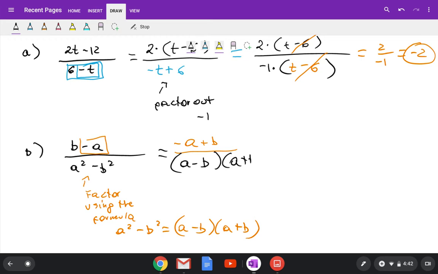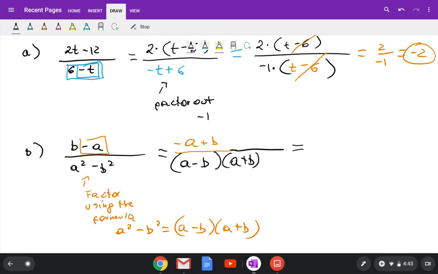So don't forget, to simplify a rational expression you need to have a product, which means multiplication in the numerator and multiplication in the denominator. Now there's nothing I can cancel. It will be nice if you have in the numerator a minus b.